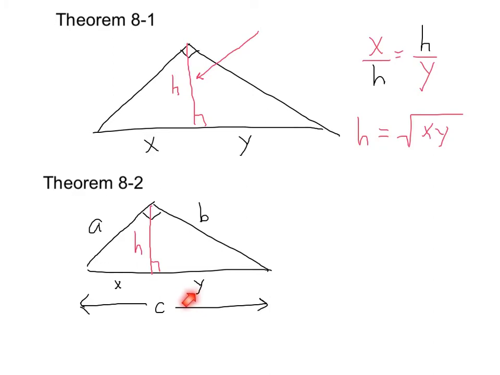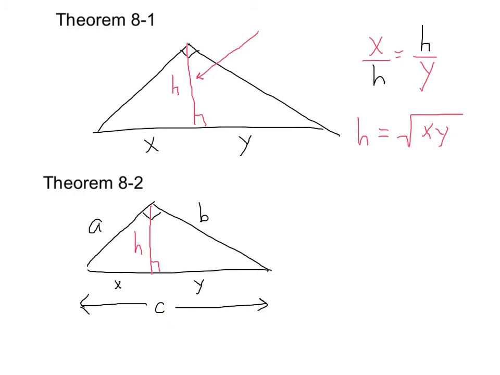And Theorem 8.2 says there's a relationship between this little part, x, and the leg that's a part of this little triangle and the whole hypotenuse. Again, there's a relationship between A and x and C. There's also a relationship between B and y and C. And what is that relationship? Well, it's going to use the geometric mean.